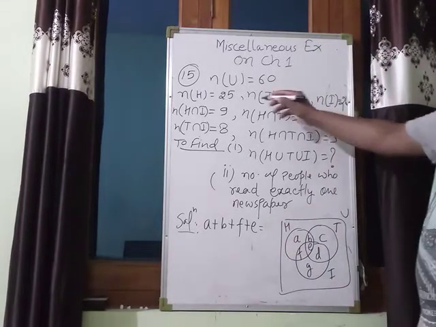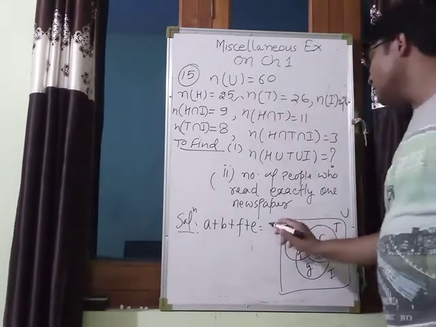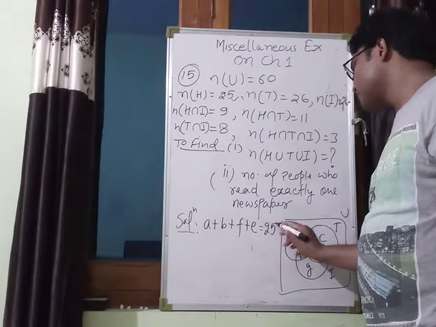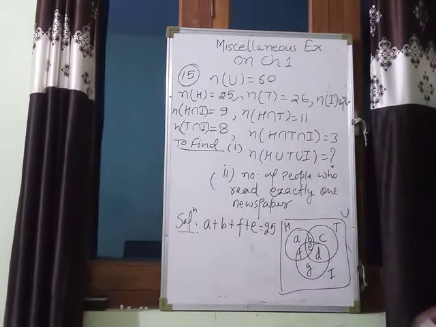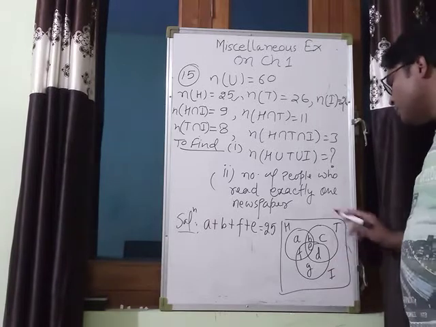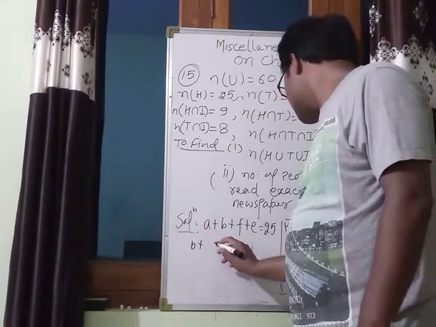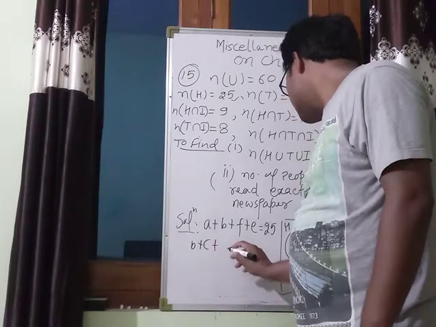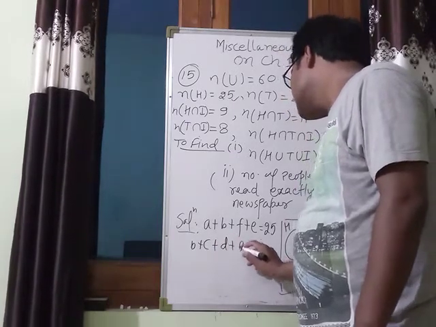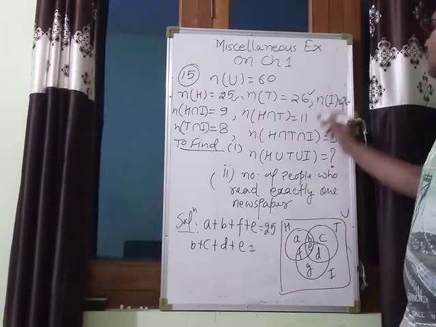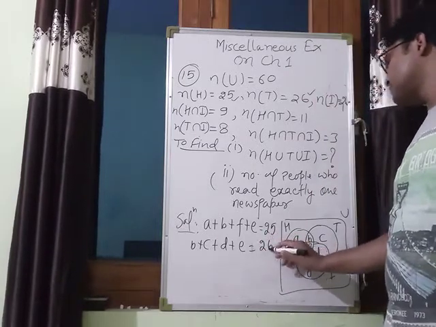That is equal to 25. And the number of people who read newspaper T is B plus C plus D plus E, and that is equal to 26.